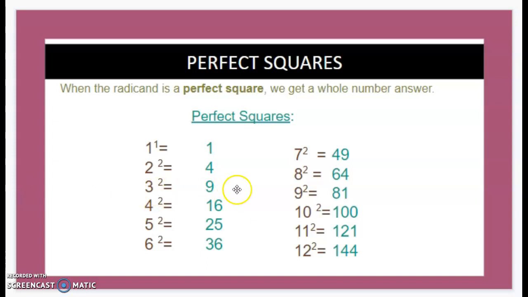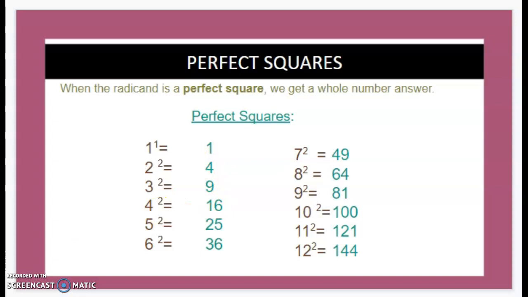Okay, here's a list of perfect squares. I need you to keep this list somewhere in your brain, preferably, but if you need to write them down, because these are the numbers that we need to use to divide into our given radicand to see how we break it down.